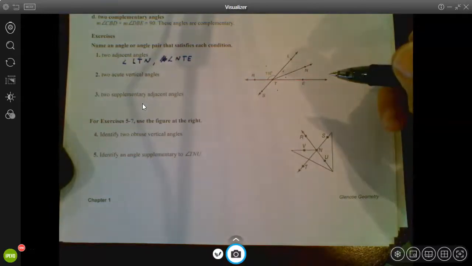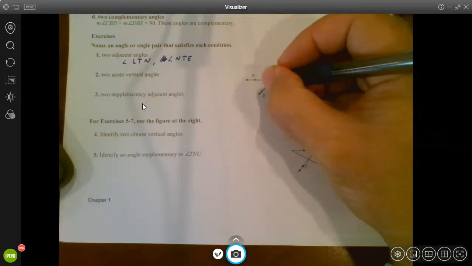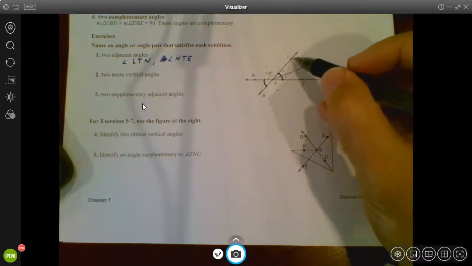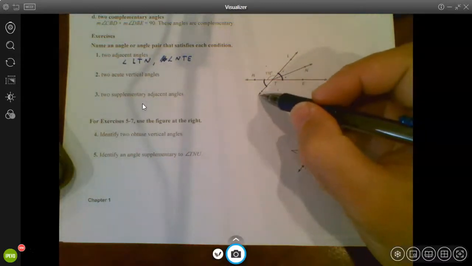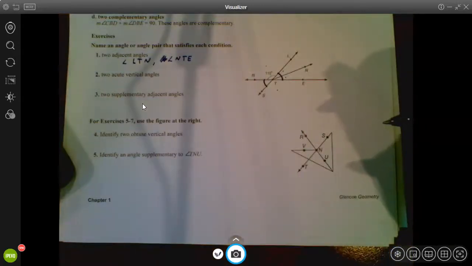So if we need two acute vertical angles, let's take a look at this one, and what would be vertical to that? We would have to look at this whole angle right there. So those would be vertical angles. If you see this line that passes right through both, and you also see this line that passes through both, that's what forms those vertical angles.